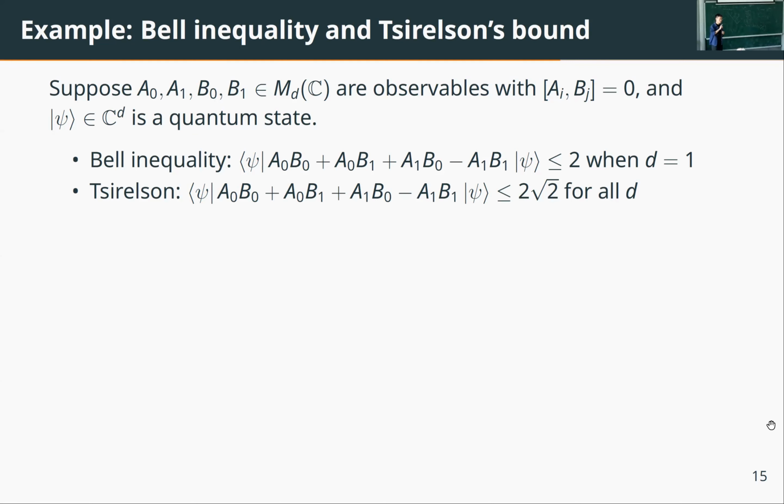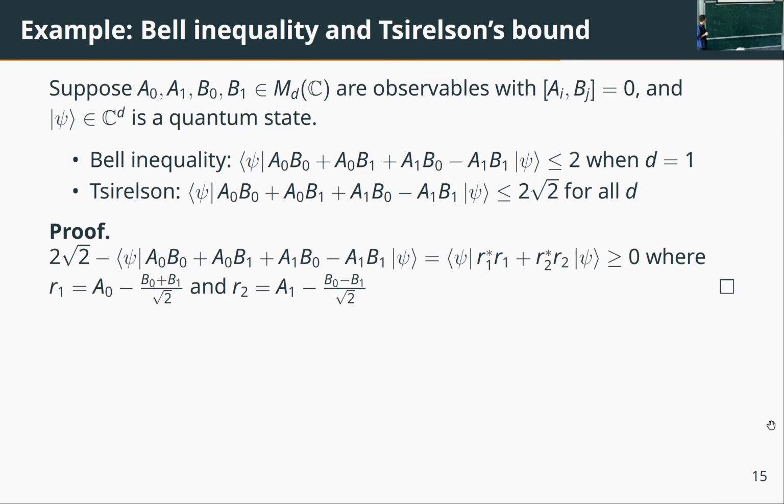And it's very easy to prove using sum of squares. So you just use 2√2, subtract this expectation, do some math. You notice this is the expectation of R1 star R1 plus R2 star R2, where R1 is A0 minus (B0 plus B1)/√2, R2 is A1 minus (B0 minus B1)/√2.